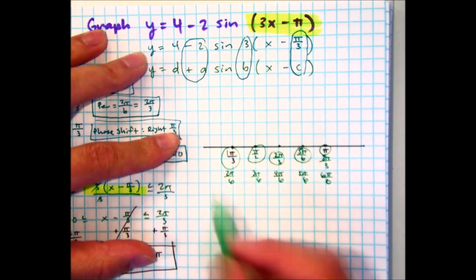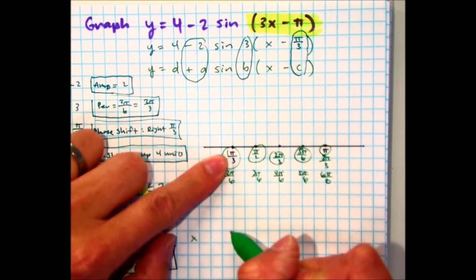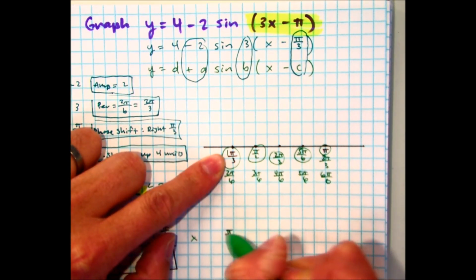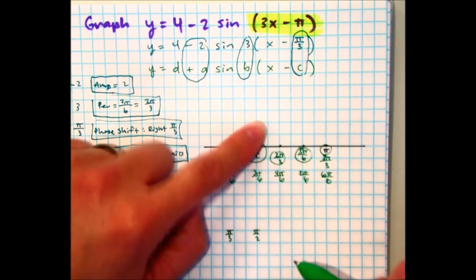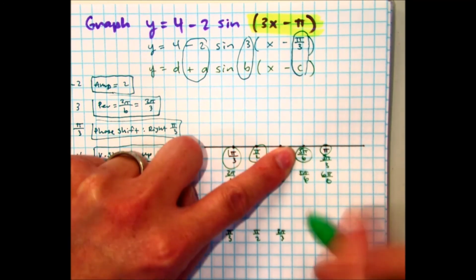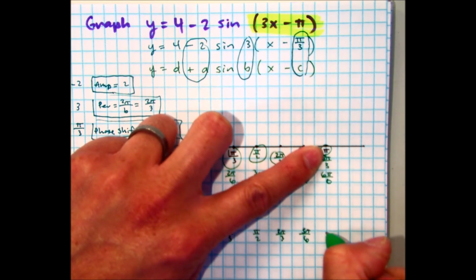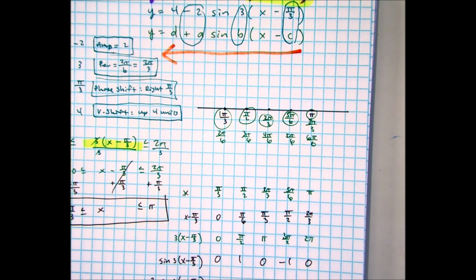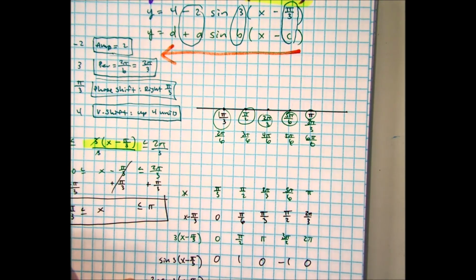Let's go ahead and write down our x values. Pi over 3, pi over 2, 2 pi over 3, 5 pi over 6, and pi. Alright, class, we're going to multiply each of these numbers by negative 2.